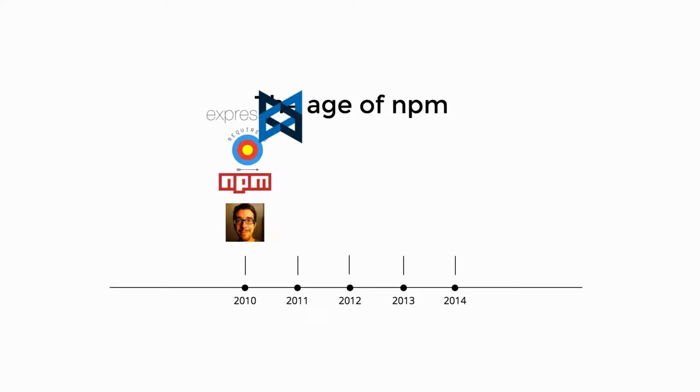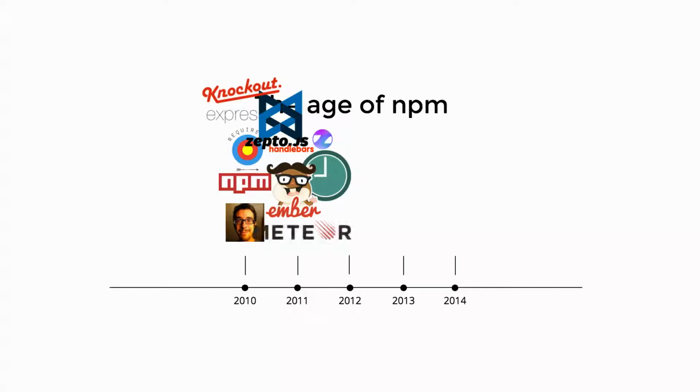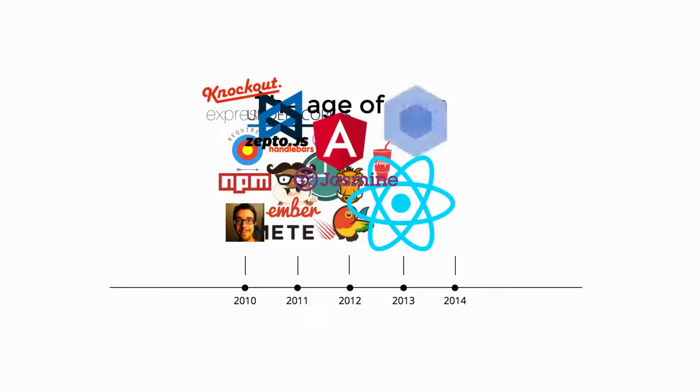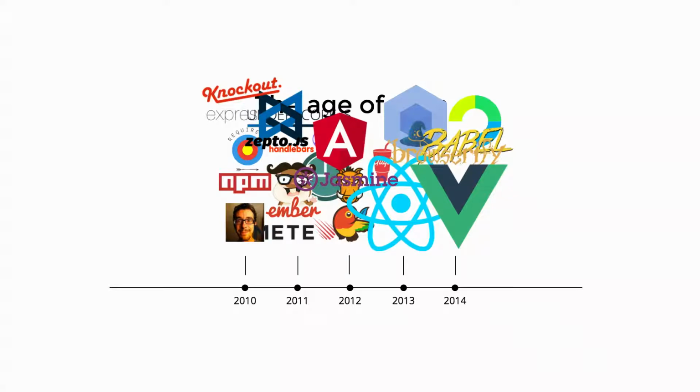Then we ended up getting Backbone and Knockout and Zepto and Mustache and Moment and Ember and Meteor and Jasmine and Bower and Grunt and Underscore, and then the big guys started getting into it, and we ended up with Angular and Gulp, and in 2013 React, and then Webpack, and then Browserify and Passport, Babel, Vue.js.